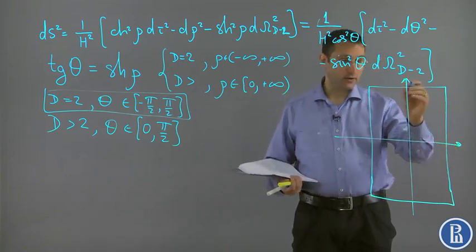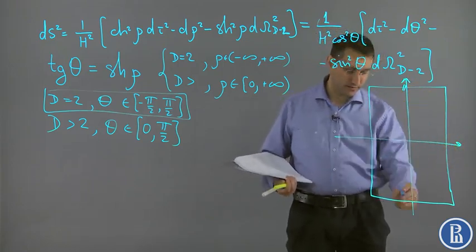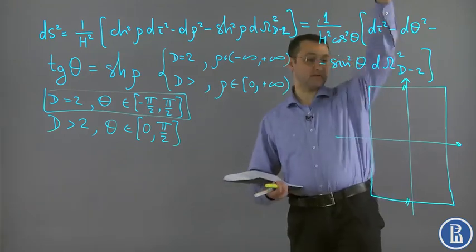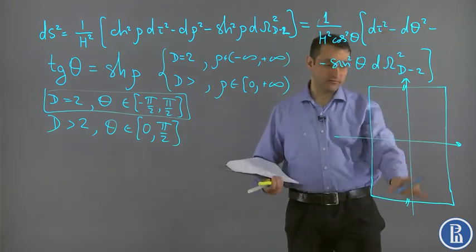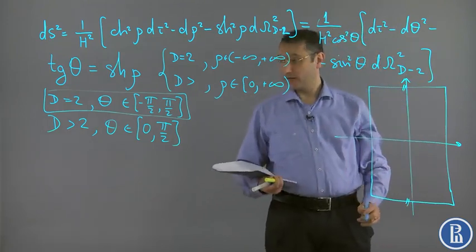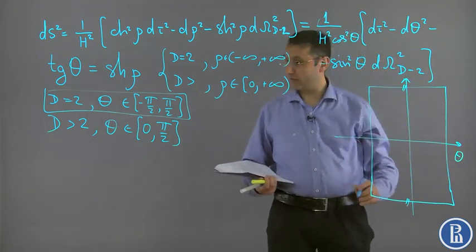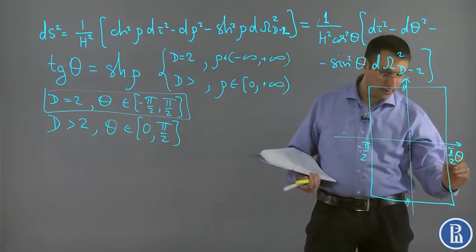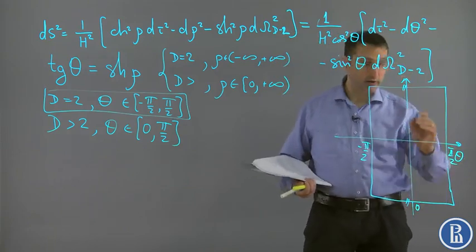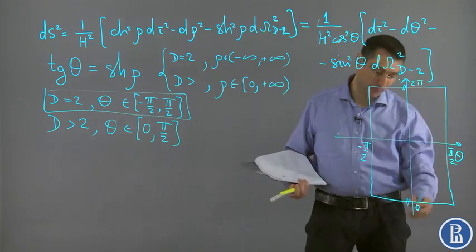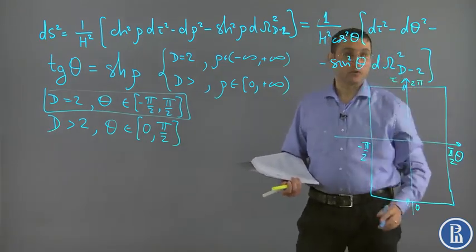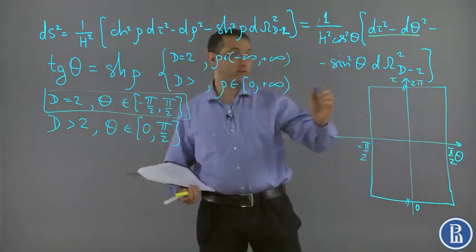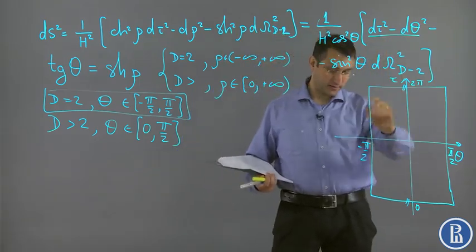Remember that in our case, these two sides are glued to each other, and if we consider the universal cover, it just becomes a stripe for tau ranging from minus infinity to plus infinity. And theta is ranging from minus pi over 2 to pi over 2. In our case, tau is ranging from 0 to 2 pi, or from minus pi to pi. Anyway, for the appropriate anti-de Sitter metric, tau is compact.